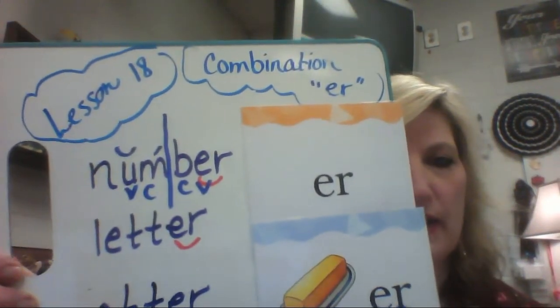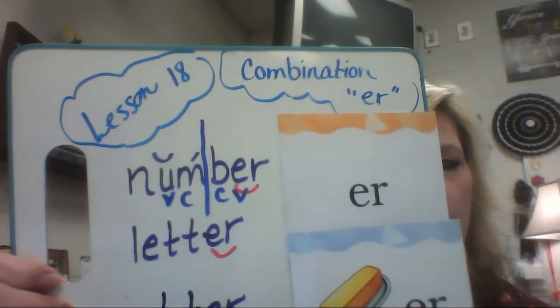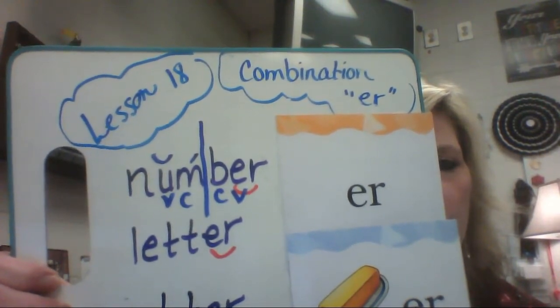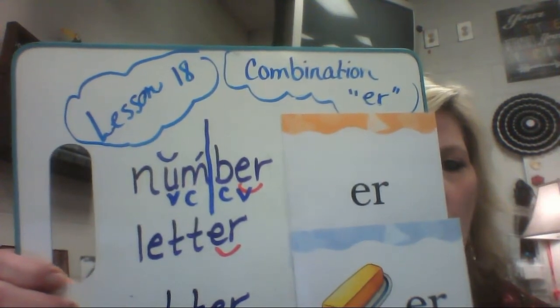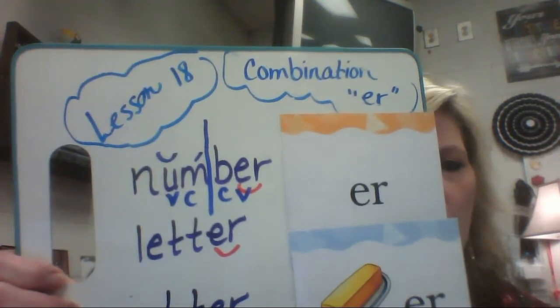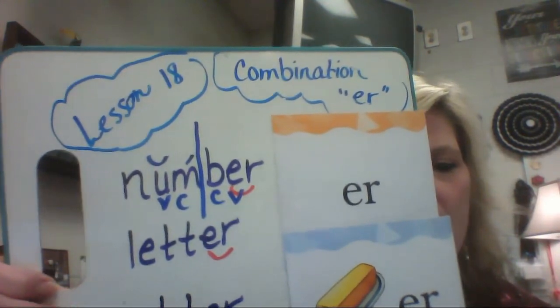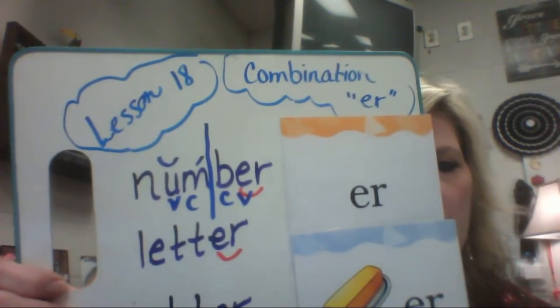Okay, so let's look at how I coded this. I have put a division line between the M and the B to show it has 2 syllables. Number. I put an arc under the ER to show combination ER. I have labeled V, C, C, V to show that it has the 2 vowels there and the consonants in between.